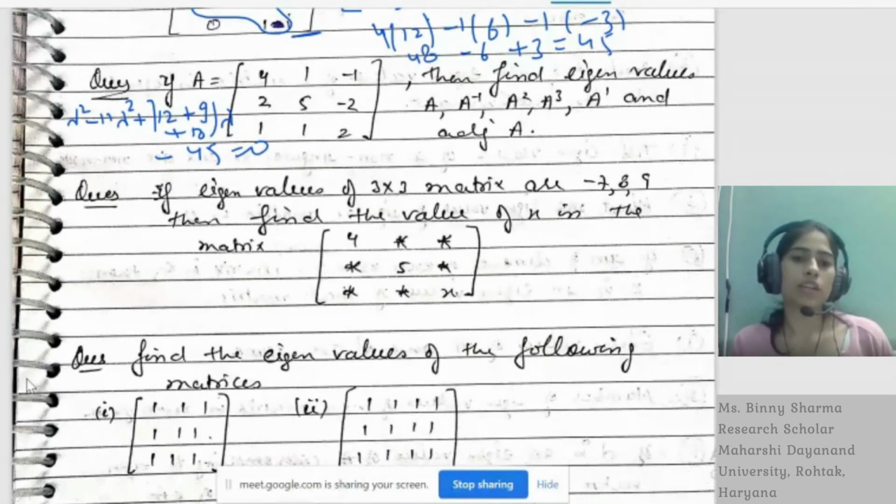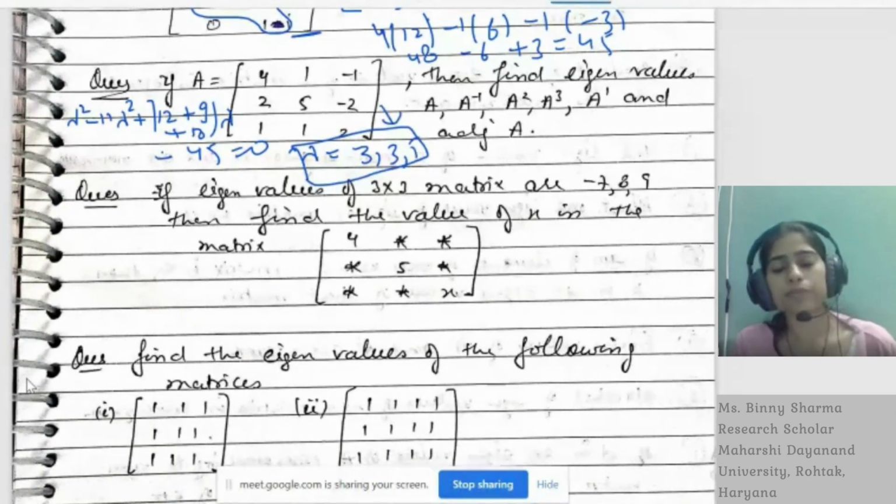By solving this characteristic equation, we get lambda equals 3, 3, and 5. So these are the eigenvalues of this matrix A.